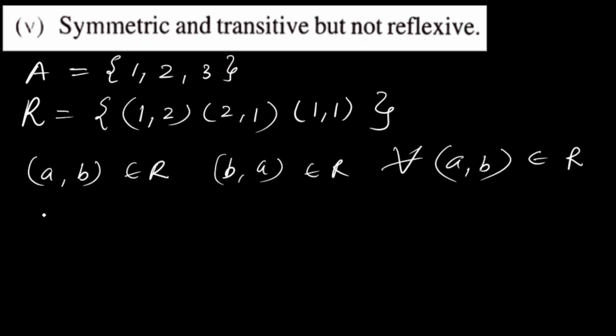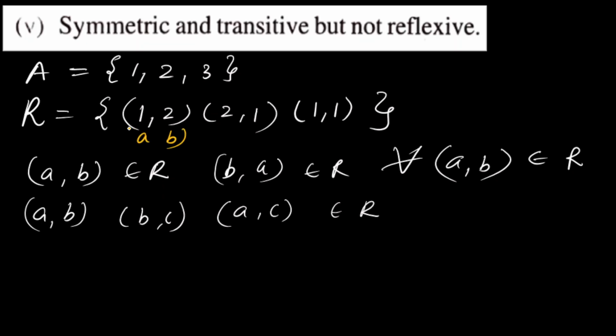Now transitive. For transitive, we know for (a, b) and (b, c), (a, c) should belong to R. You can see here, this is a, this is b, and this is b, this is c, so I have this as (a, c). So this thing is also satisfied.